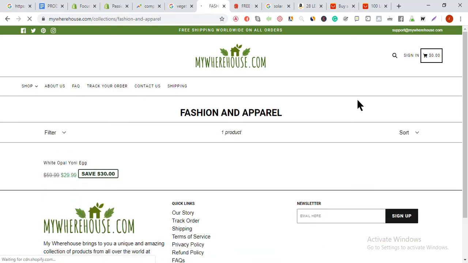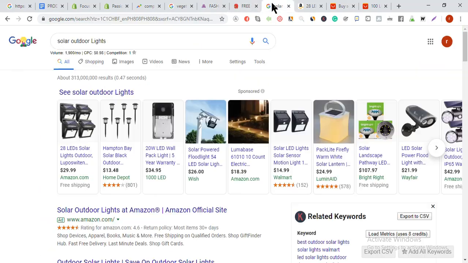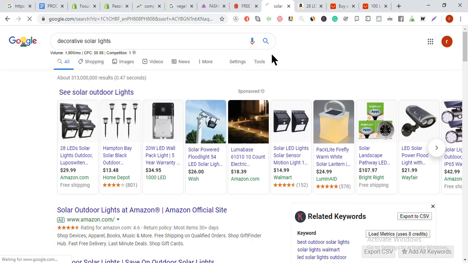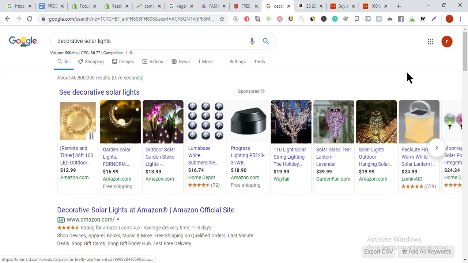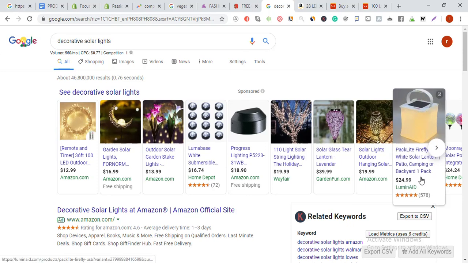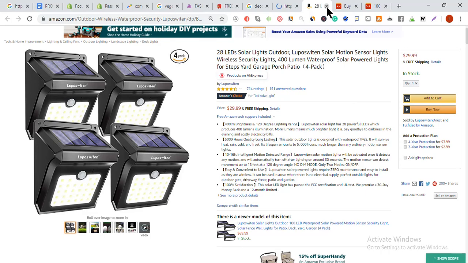The apparel. If you are interested, you can also come back here, and maybe we can change the keyword. Or, no, Lumina Aid, Garden Fun, maybe. Let's check it out.